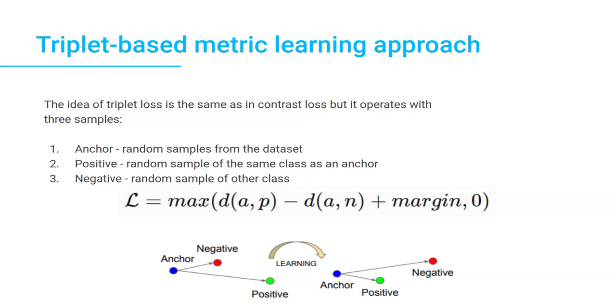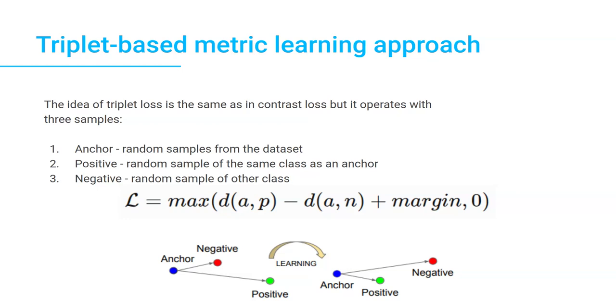The anchor is just a random sample from our database. The positive is also a random sample from our database, but should be exactly the same class as the anchor sample. Similar to that, the negative sample is also a random sample from the dataset, but should be of a class different from the anchor and positive class.